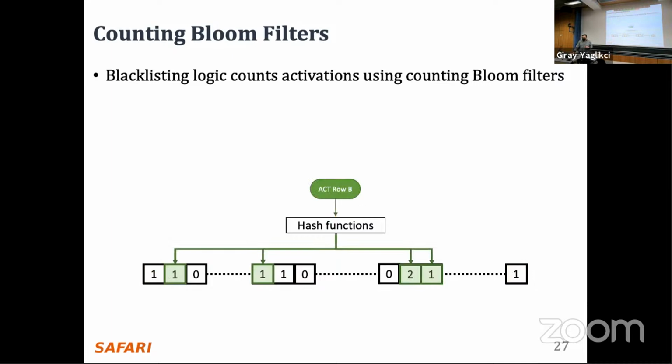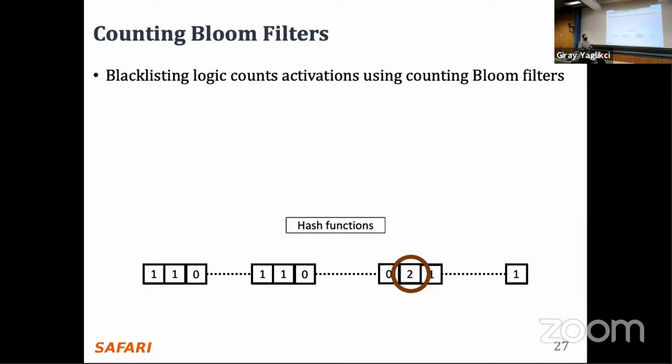When we activate another row, row B, it increments another subset of counters. But as you see here, this is not perfectly distinct, and there can be some overlaps for different row IDs.